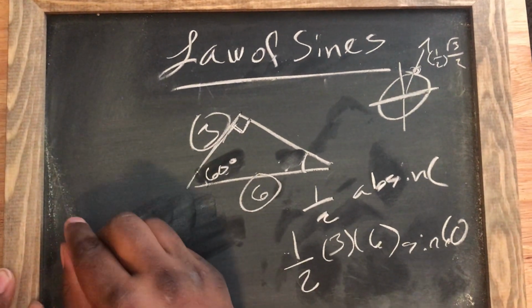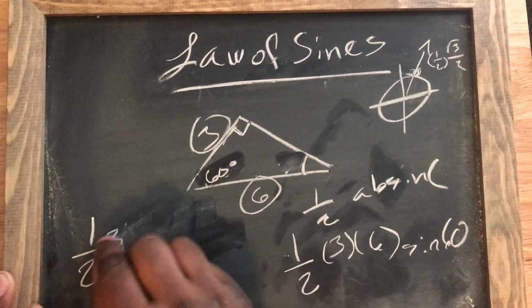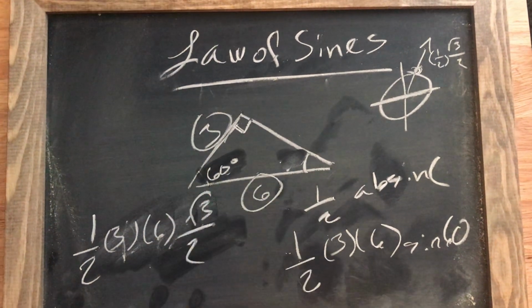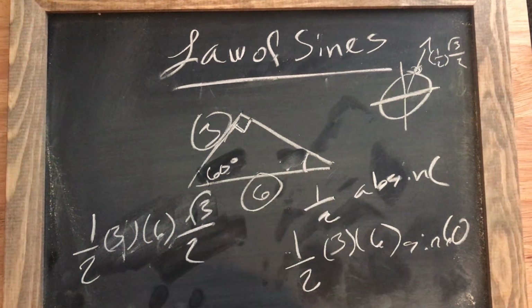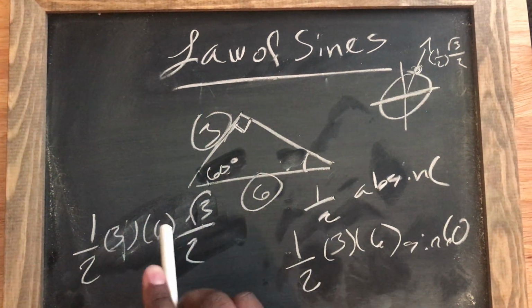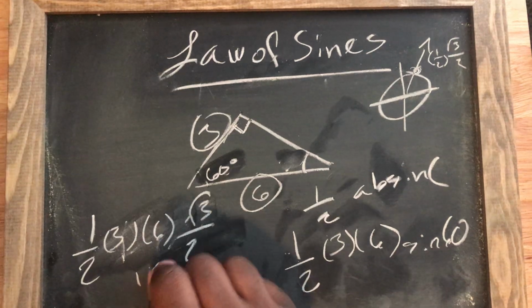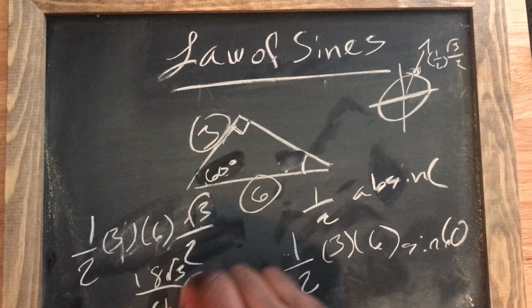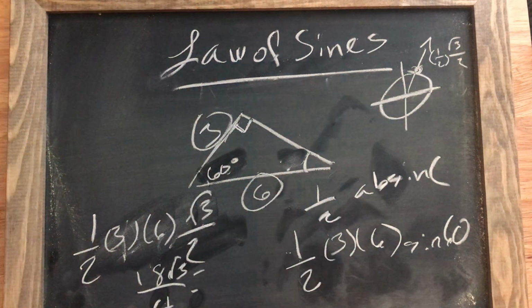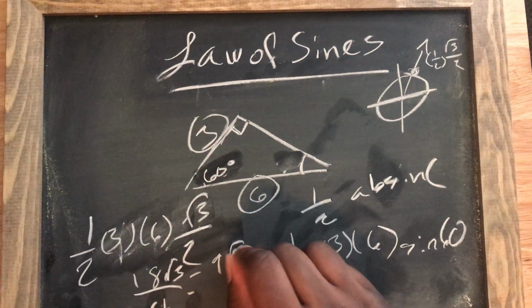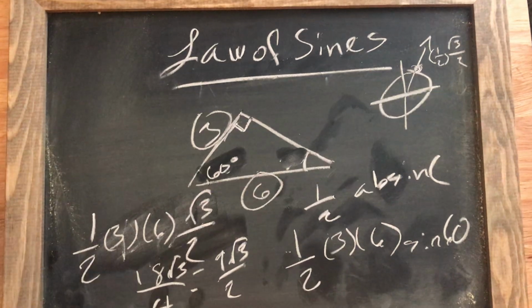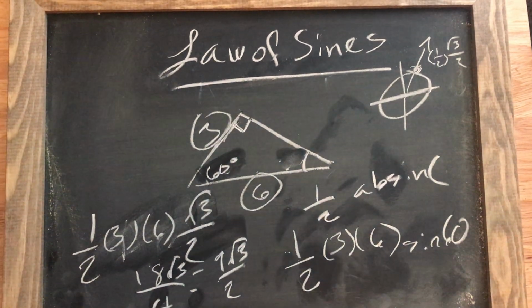So therefore, the area is going to be, if you multiply it out, let's see, this is going to be 18 root 3 over 4, which gives us 9 root 3 over 2, which basically yields us like 4.5 root 3 or something like that.